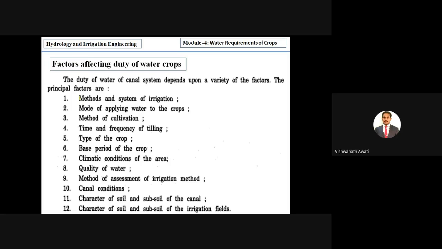First one is method and system of irrigation, mode of applying water to the crop, method of cultivation, time and frequency of tilling, types of crop, base period of the crop, climatic condition of the area, quality of water, method of assessment of irrigation, canal conditions, character of soil and subsoil of the canal, character of soil and subsoil of the irrigation field. These are the maximum 12 points, and we'll see them one by one.